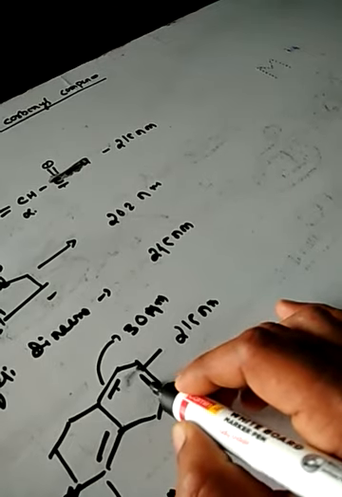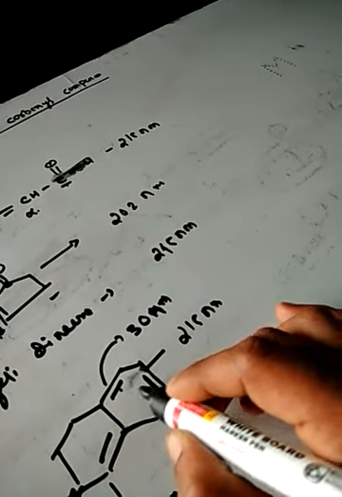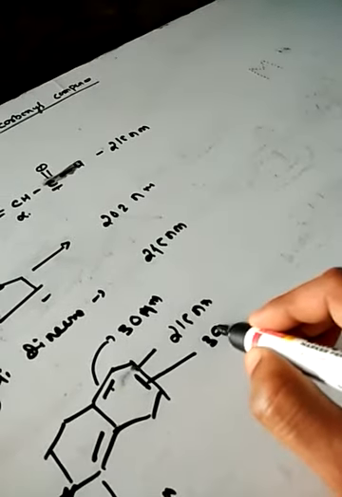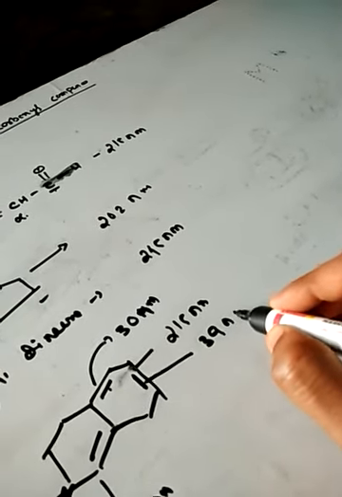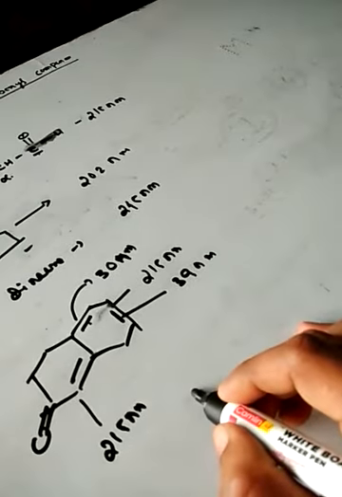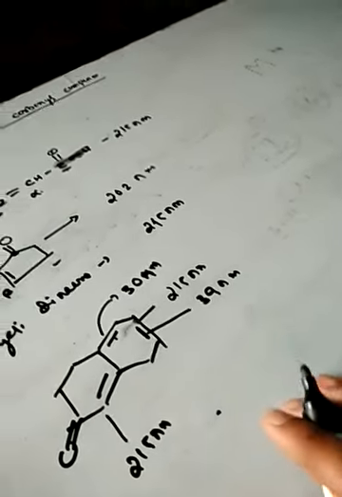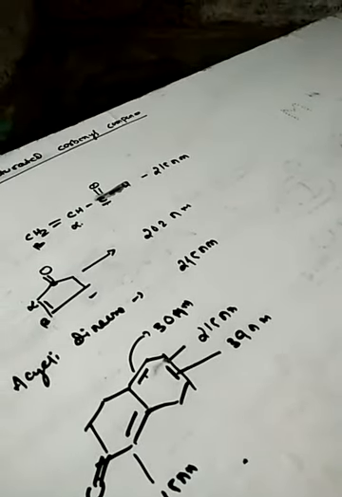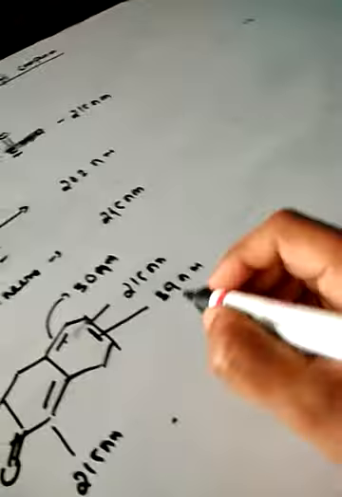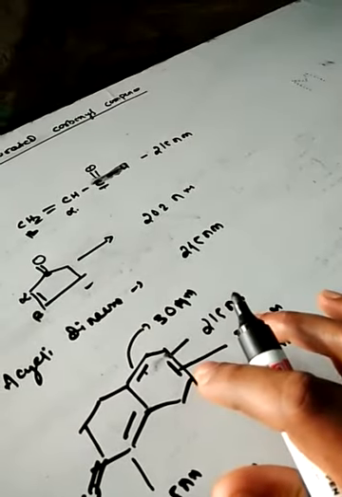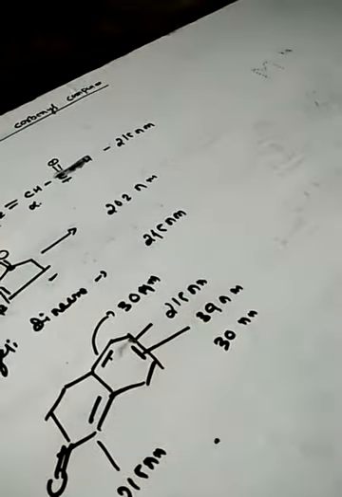In case of this double bond in homoannular extending double bond conjugation, this value will become 39 nanometer for this one. And for double bond extending conjugation, we have 30 nanometer, and if this is homoannular, then it is 39 nanometer.